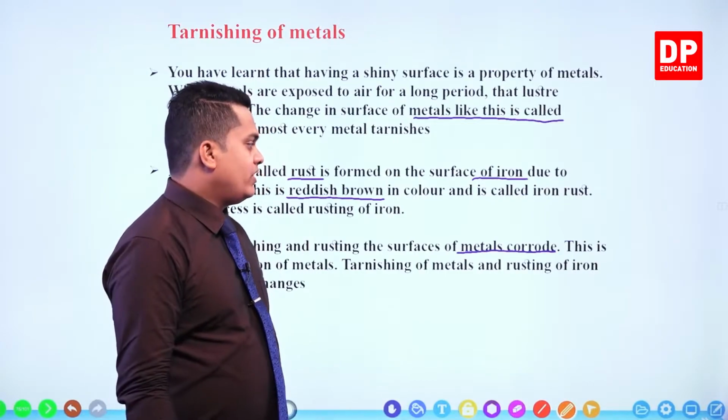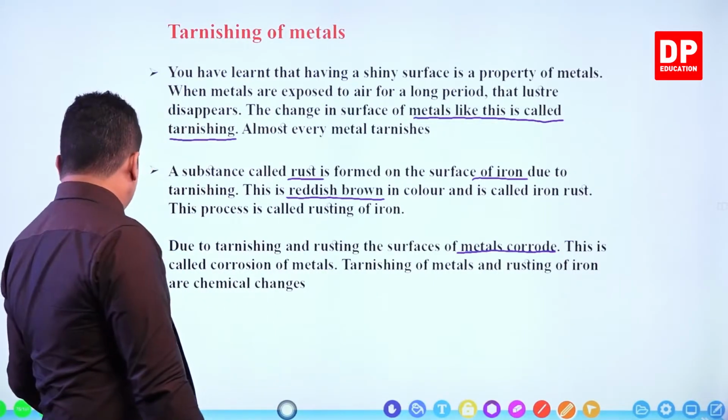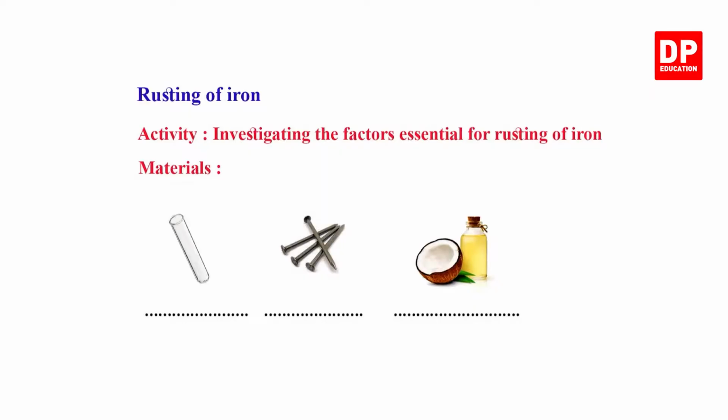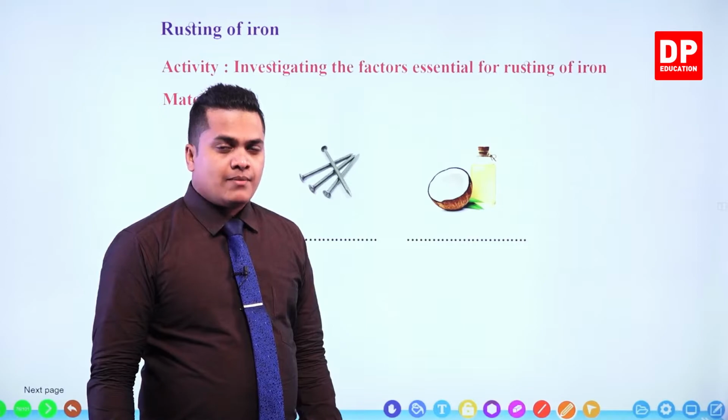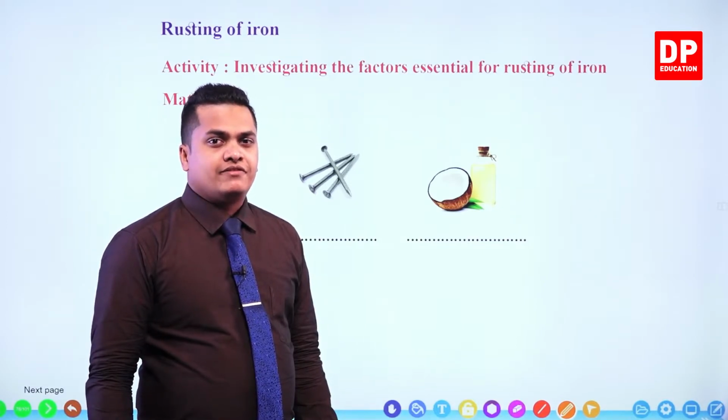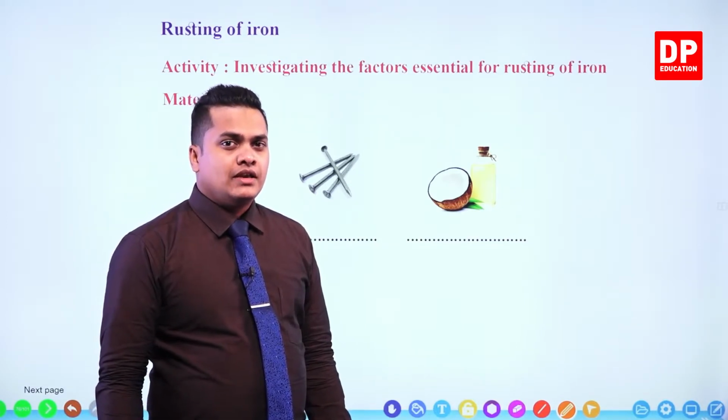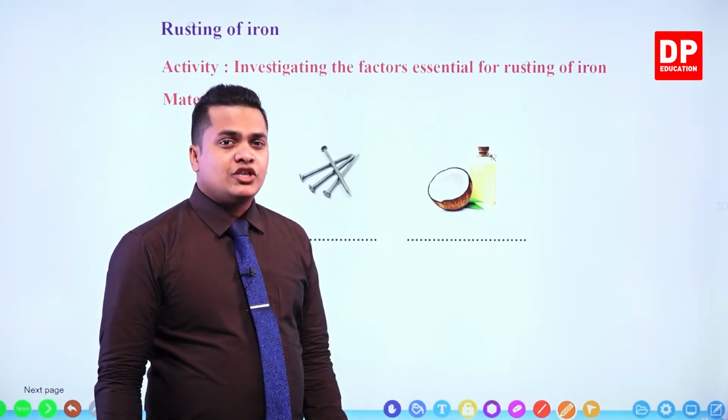Right then, we'll move on with the next thing in our lesson. We'll be mainly discussing iron here, because iron is the most common metal that we come across in our day-to-day life. So we'll be discussing tarnishing of iron.